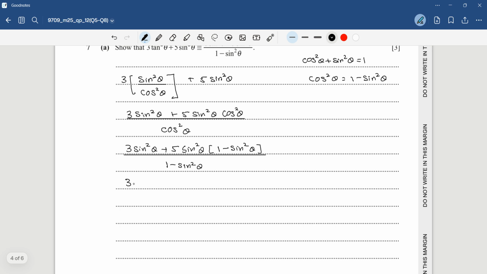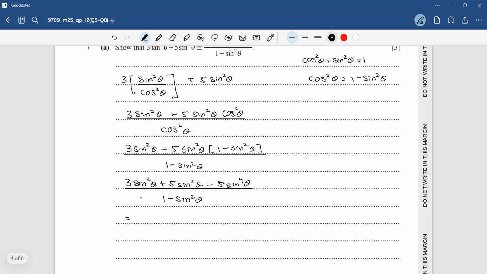So 3 sine square theta plus, multiplying in, 5 sine square theta minus 5 sine power of 4 theta, over 1 minus sine square theta.